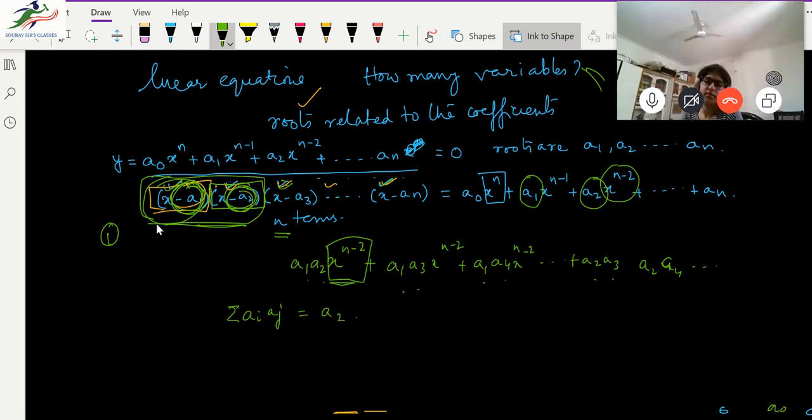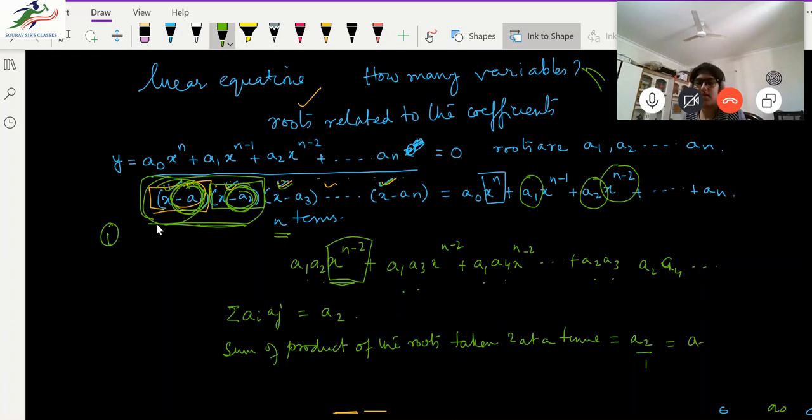So the sum of the product of the roots taken two at a time is equal to a2 by 1, which is a2 by a0, right?